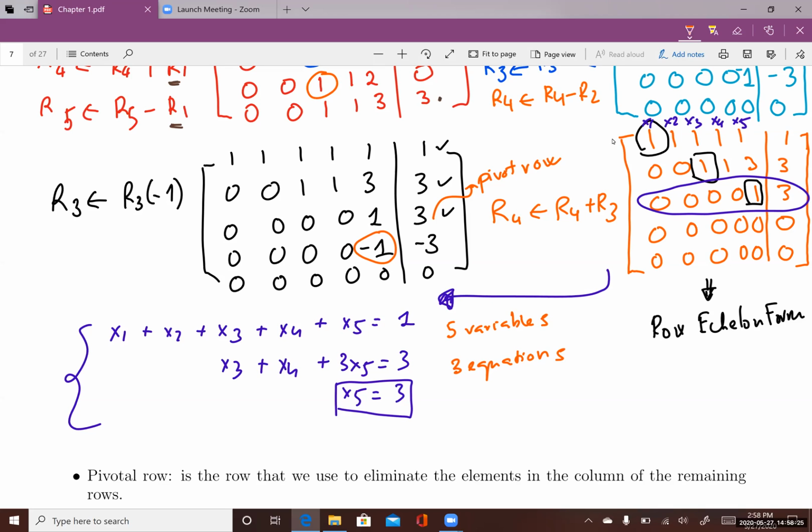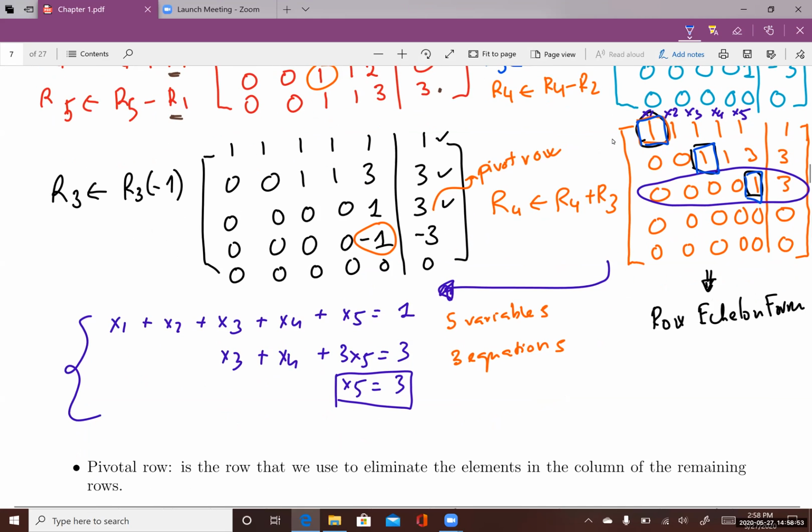So as you see, back to this matrix here in the row echelon form, you have 3 non-zero leading coefficients, right? 1, 1, 1. By definition, these 3 rows here are the pivot rows.